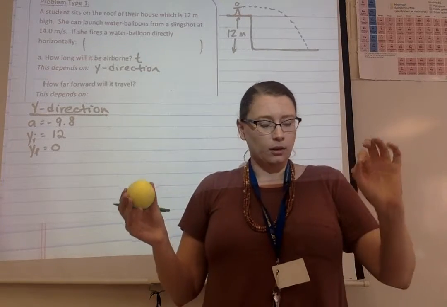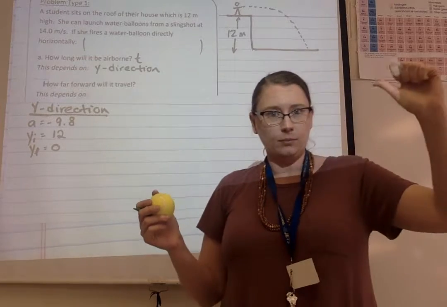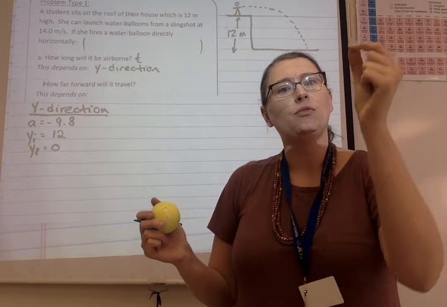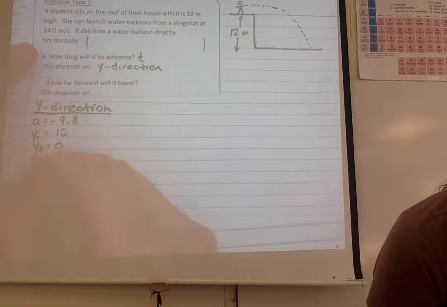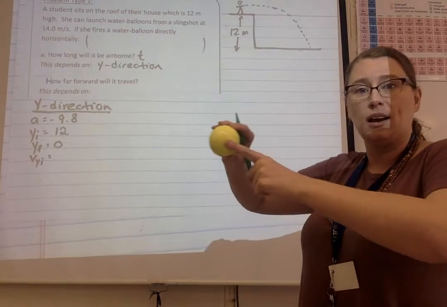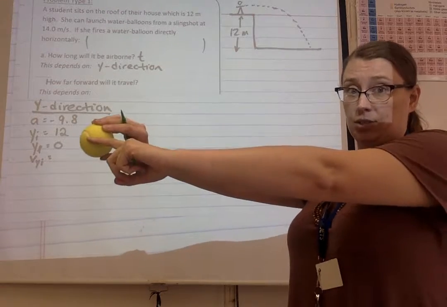So let's think. We know the acceleration. We know y initial. We know y final. What's the initial velocity in the y direction? If she shoots it completely horizontally, that initial velocity is some number in the x direction.